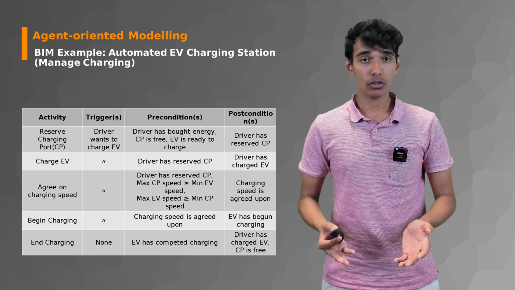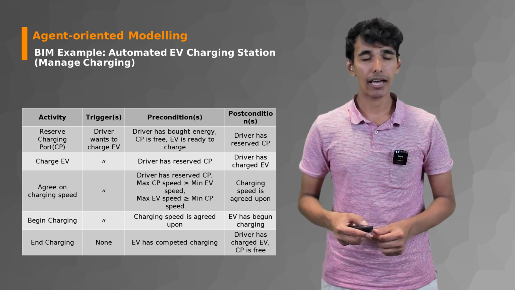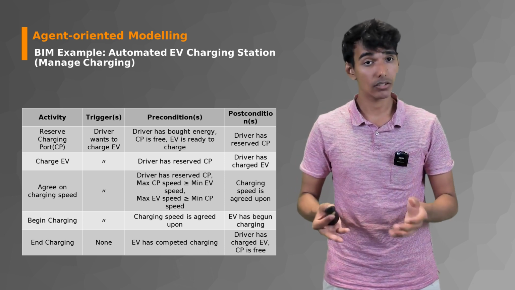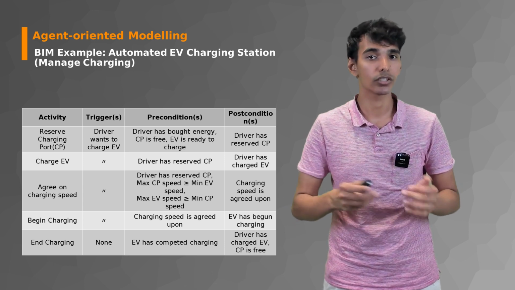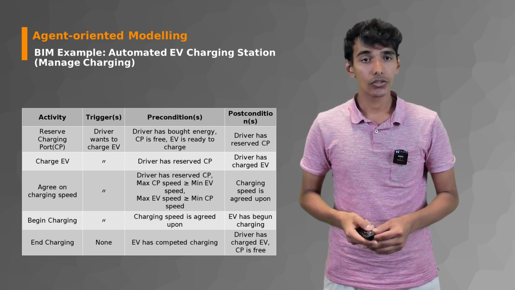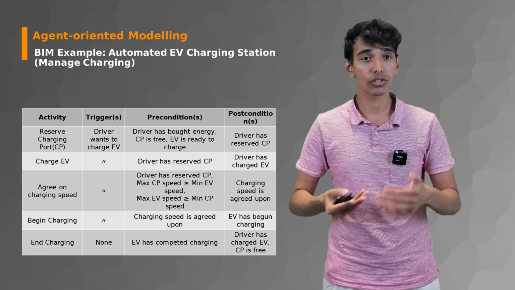Considering the example of the automated EV charging station, we are going to have a BIM, or a behavioral interface model, of the sub part of the system that is more to do with managed charging. So one of the first activities that you can consider is reserve charging port.